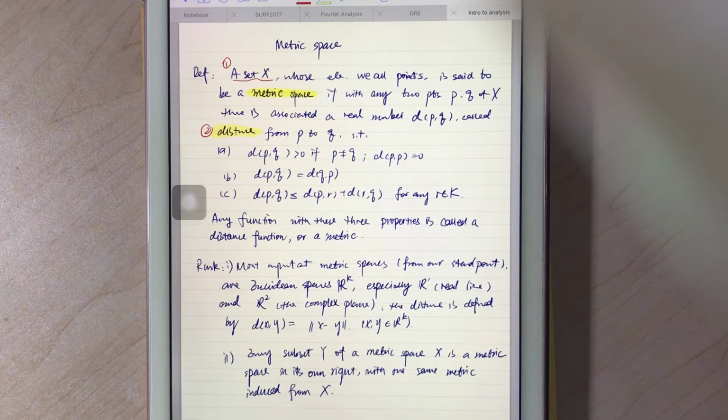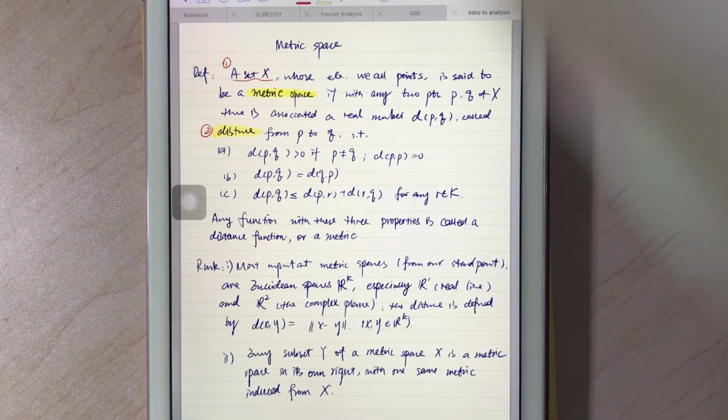The metric has to satisfy three principles. First, the distance between P and Q should be larger than 0 if P and Q are not equal. And if P and Q are equal to each other, the distance between the point and itself is 0.